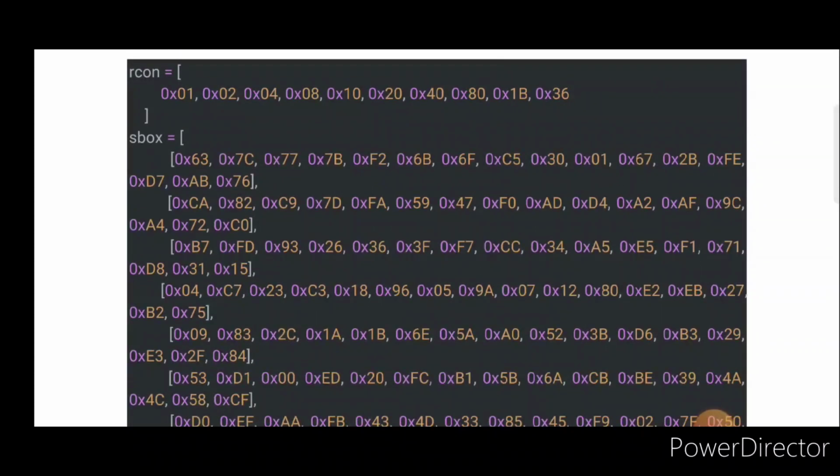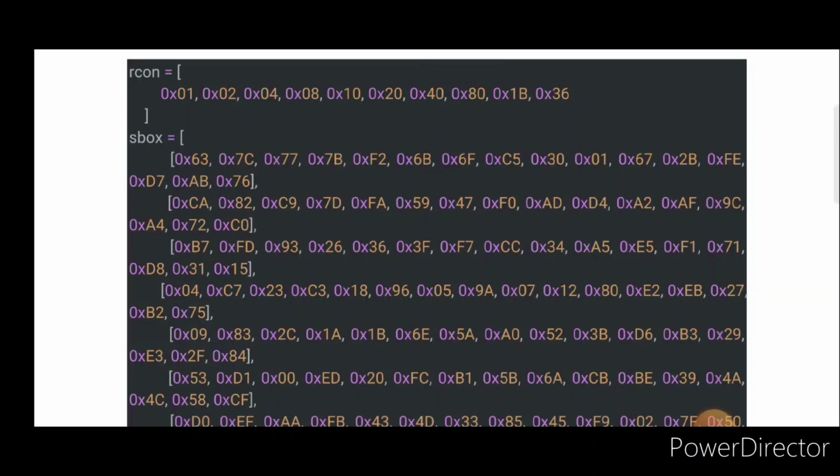Then comes SBox. SBox stands for substitution box. It's a fundamental component of AES encryption. In AES, during the encryption process, each byte of the input is substituted with a corresponding byte from the substitution box.